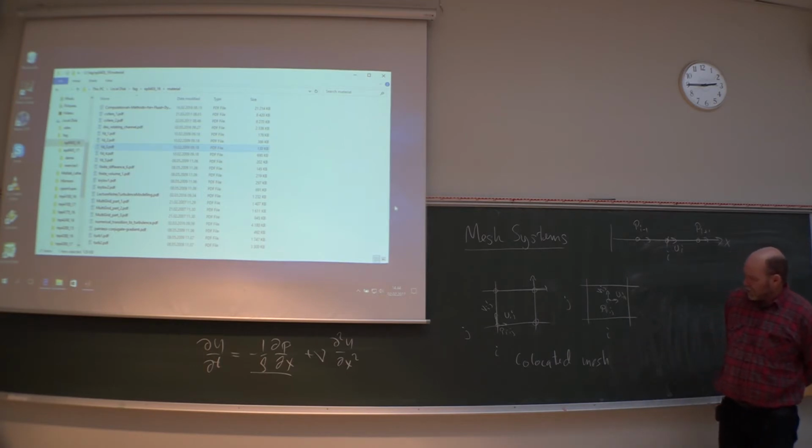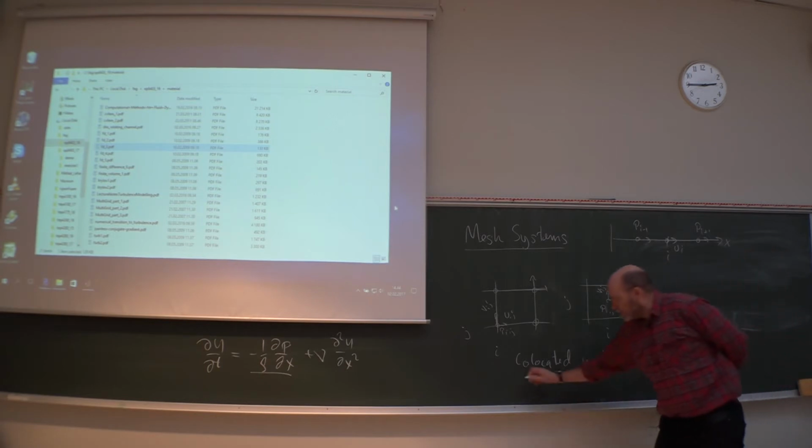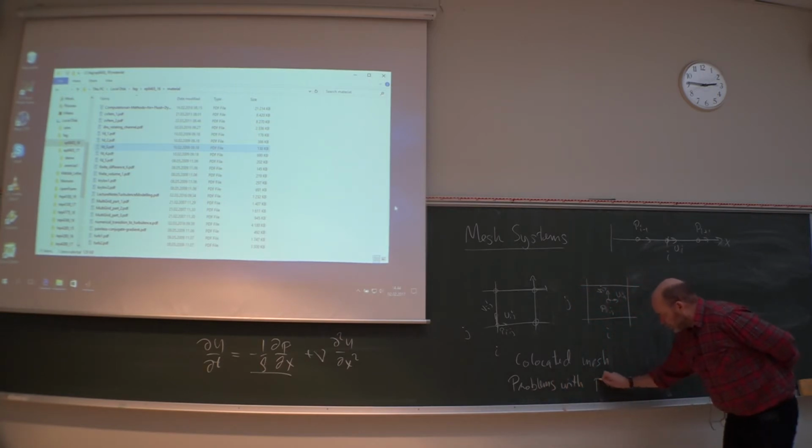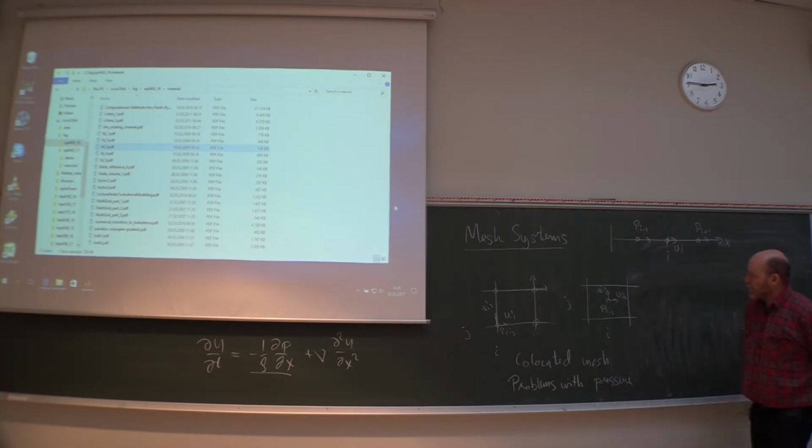So co-located mesh seems like an obvious choice, but problems with the pressure. You got quite unphysical pressure fields out of it.